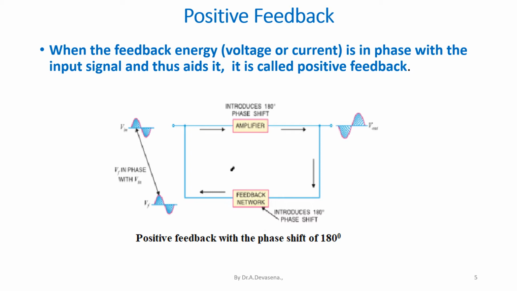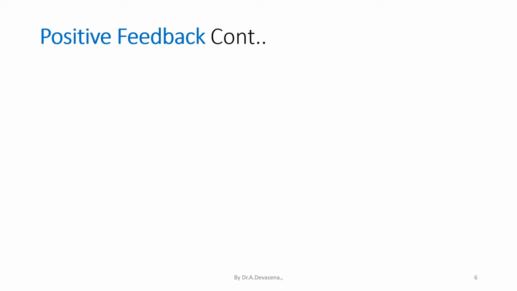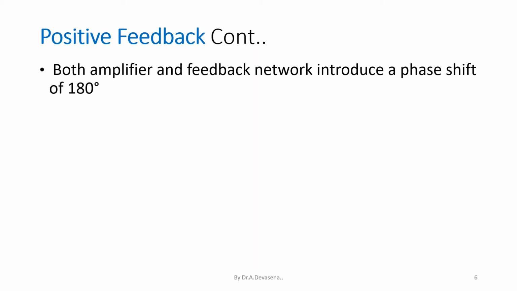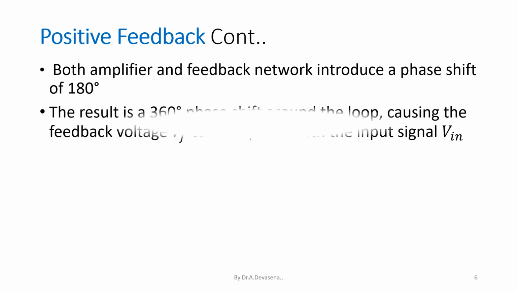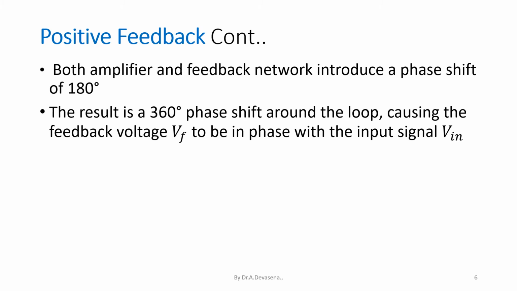Here, the input signal as well as the feedback signal are in phase with each other. Therefore, it aids the output. Both the amplifier and feedback network introduce a phase shift of 180 degrees. The result is a 360 degree phase shift around the loop, causing the feedback voltage V_f to be in phase with the input signal V_in.